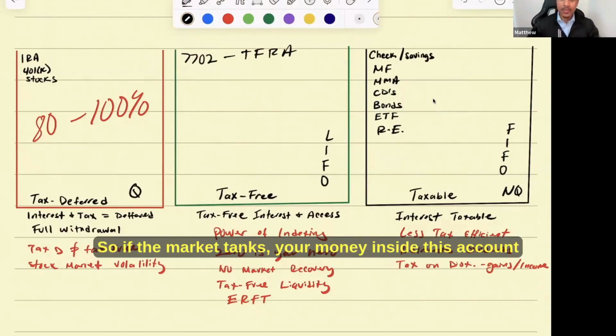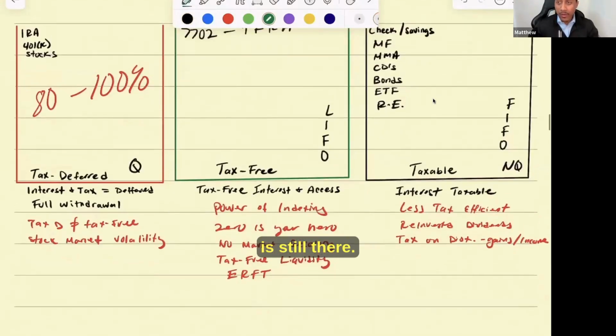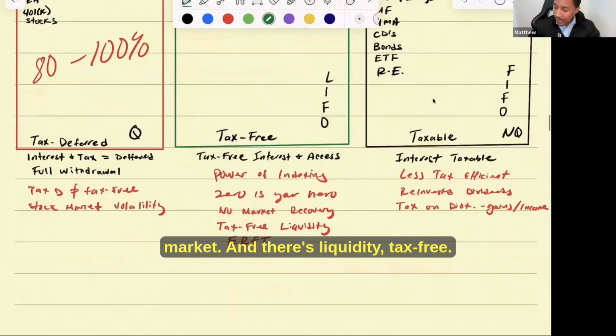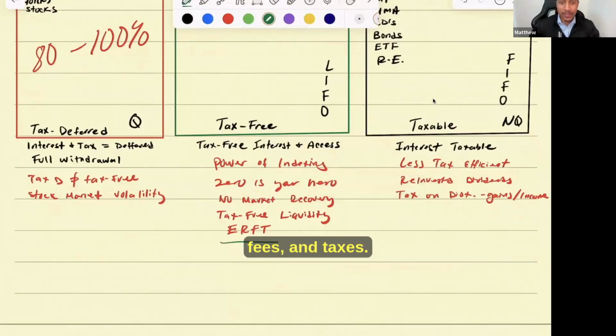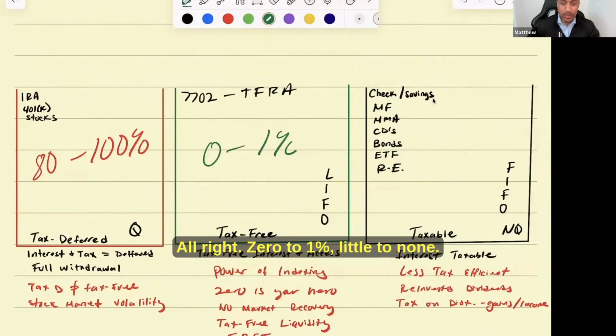So if the market tanks, your money inside this account is still there. So you can access the full account value. You can still pull money out during a down market. And there's liquidity, tax free, and this is where you're able to eliminate risk, fees, and taxes. Now, people have little to no money here. All right, 0 to 1%, little to none.